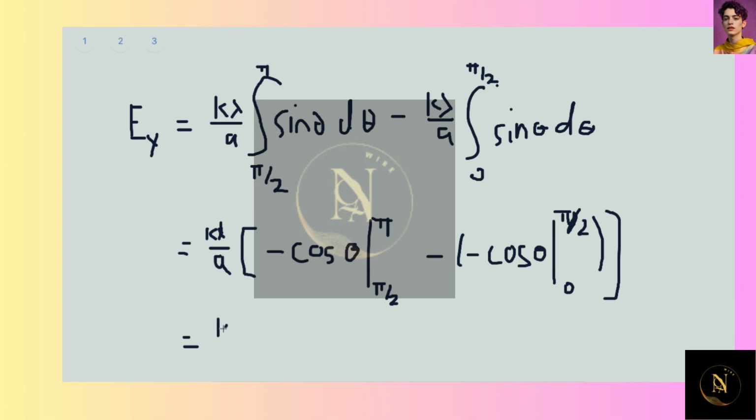So k lambda over a, the first part is going to be minus cosine of pi. So cosine of pi is going to be minus 1. So this is minus minus 1. You want to subtract when you're evaluating these bounds. So it's going to be minus minus cosine, so it'll be plus cosine of pi over 2, but we know that that's 0, right?